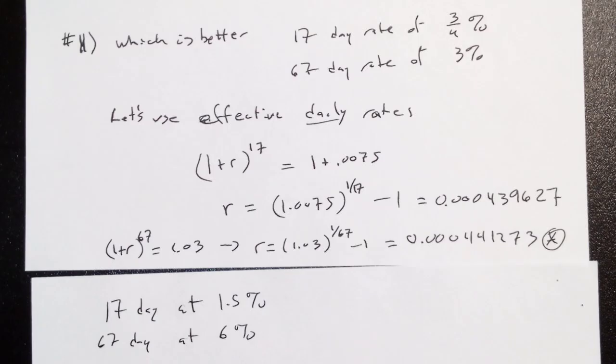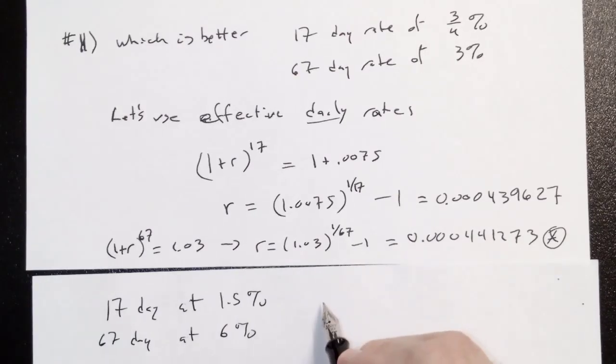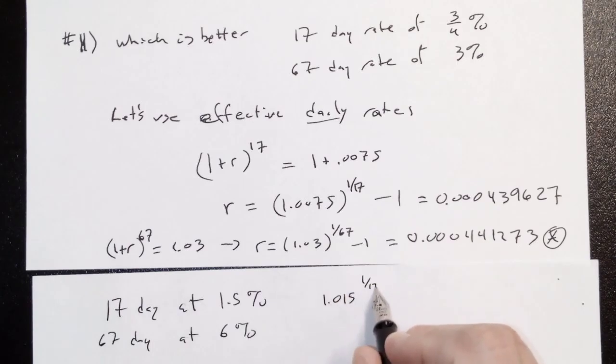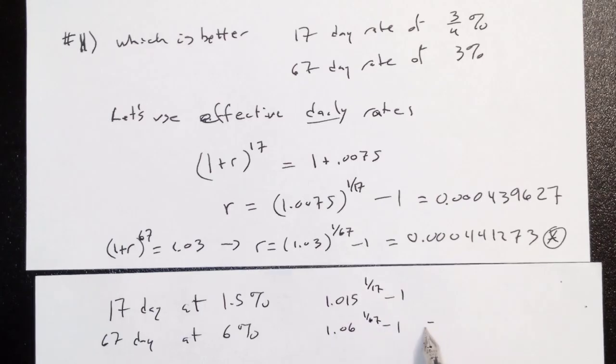If we do the exact same calculations here, we get 1.015 to the 1/17 minus 1 and 1.06 to the 1/67 minus 1.